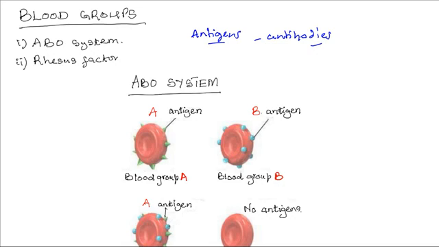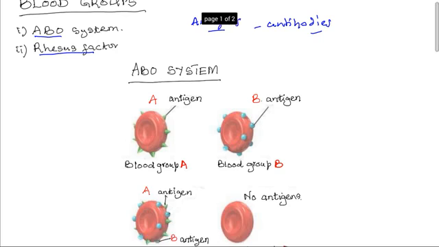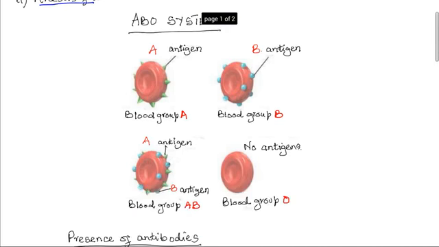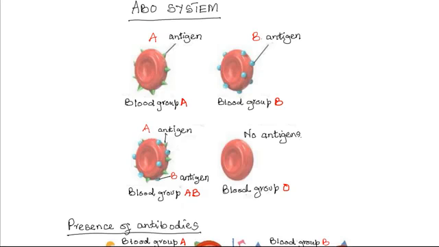Now, based on the presence of certain antigens, there are two main blood grouping systems, namely the ABO system and the Rhesus factor system. In the first system, that is the ABO system, there are two types of antigens designated A antigen and B antigen.